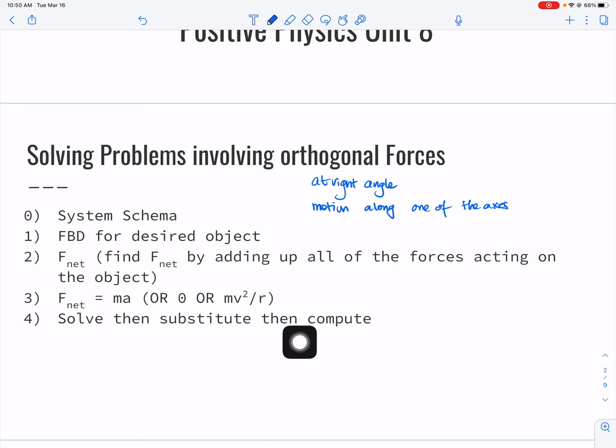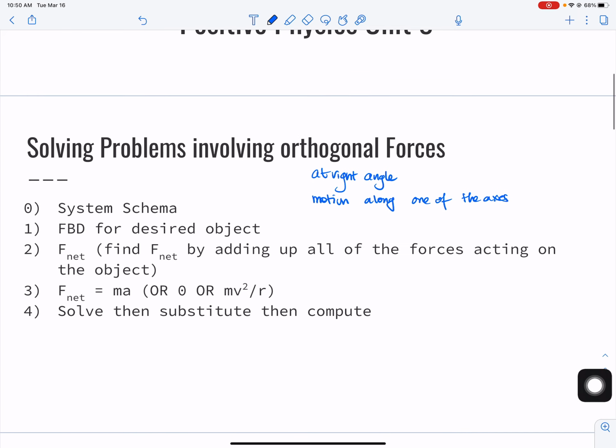And then you set that equal to how the object's moving. If it's changing speed in a line, then you set the value that you get equal to MA. If it's moving at constant speed or at rest, then you set this value equal to 0. And if it's moving in a circle, then you would set it equal to MV squared over R. Then you solve, substitute, and compute.